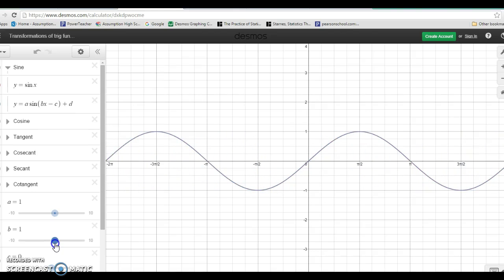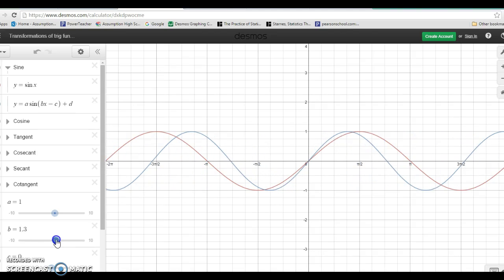So this is one that does not have a direct parallel to parabolas. It's even more unusual than just the comparison of, I guess, the slope is what you could call it, when I changed a. When I change b, it actually makes the wave occur more frequently, or it reduces the period, how long it takes for the function to cycle all the way through.